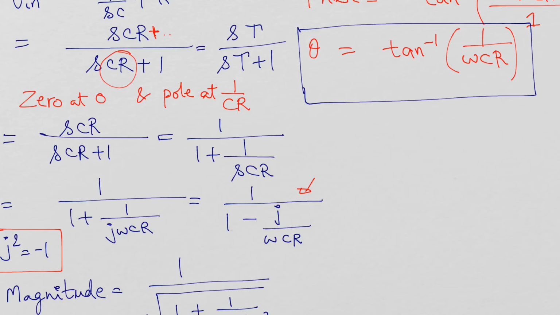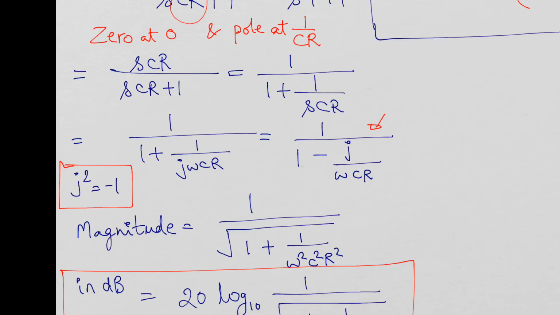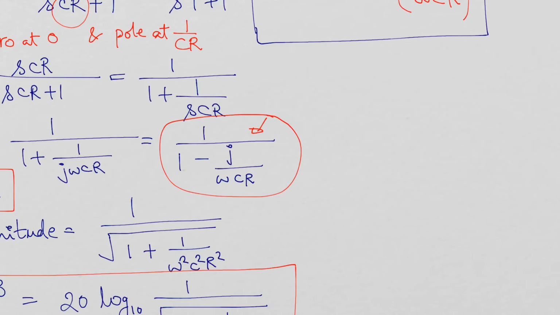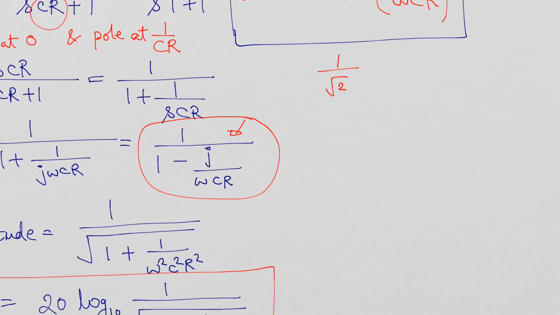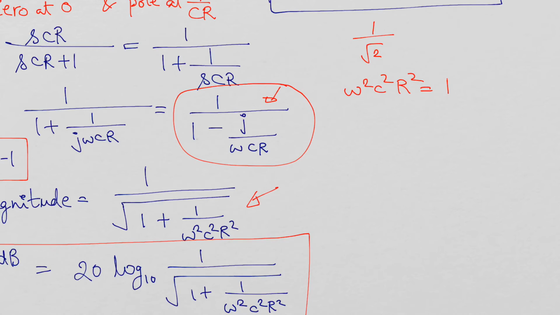Now to calculate the 3 dB frequency, we look at this again. For the 3 dB frequency, the magnitude should be 1 over the square root of 2. To achieve this, omega squared C squared R squared should be equal to 1, because this is the magnitude we calculated here. So omega CR is equal to 1, or omega is equal to 1 over CR, and omega is 2 pi f.